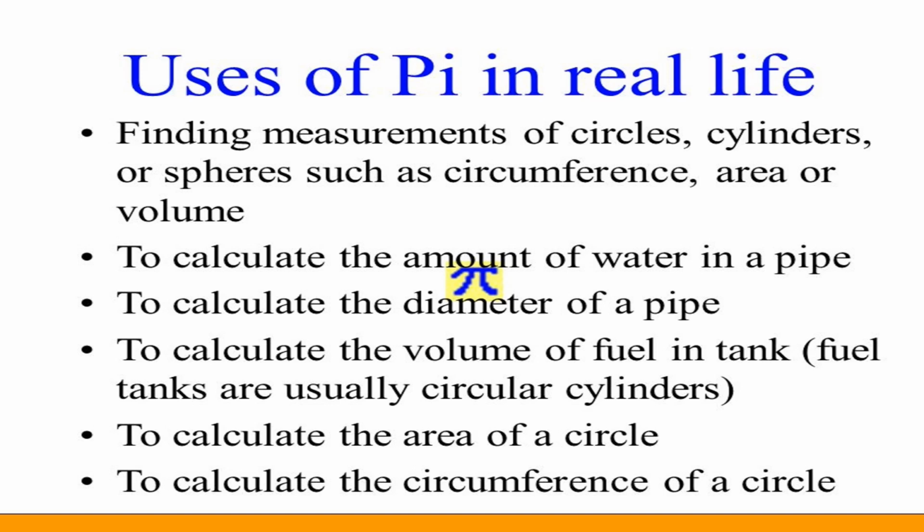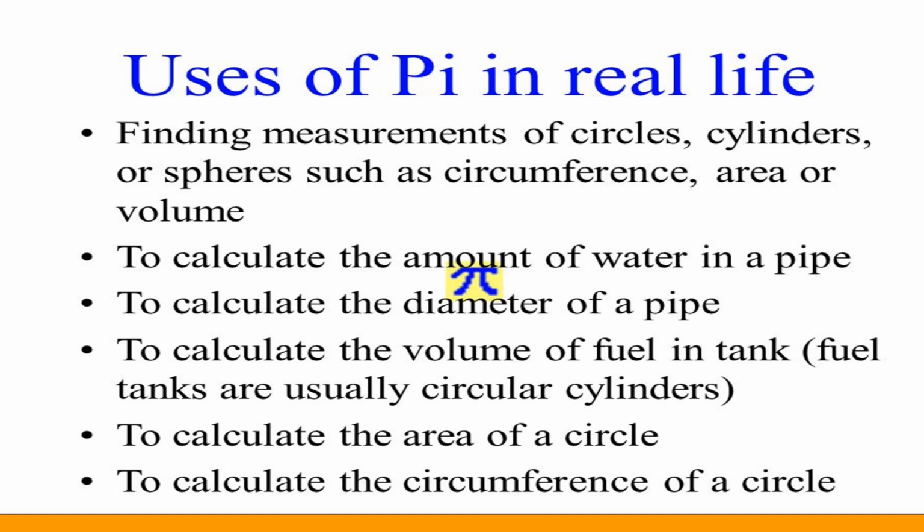Where do we use pi? We can use it in many places, but some points are given here. Finding measurements of the circle, cylinder or sphere, such as circumference and area. In further classes we find the values of spheres, cone, or cylinder; in this type of solid figure also we use pi.